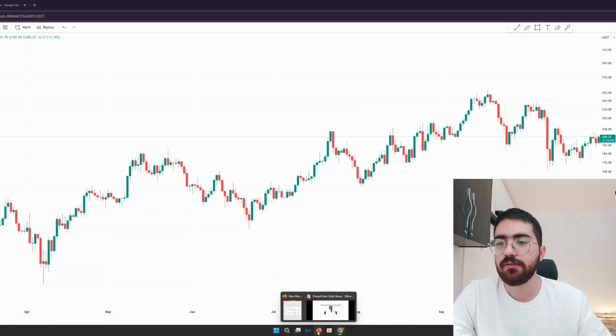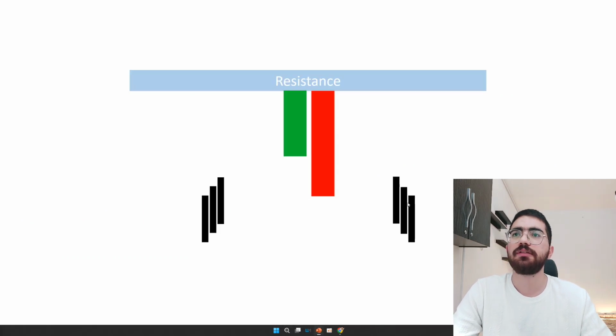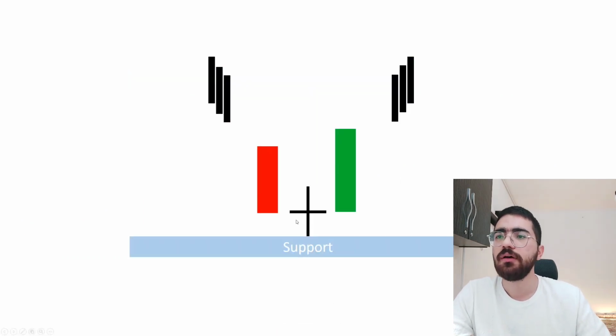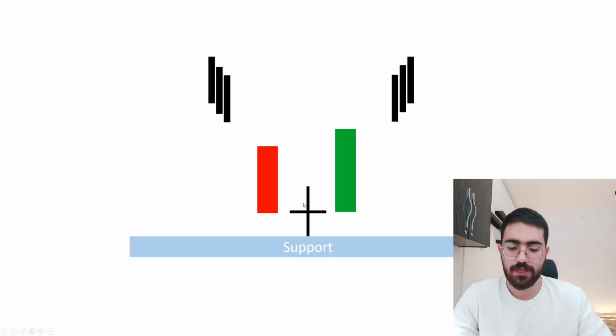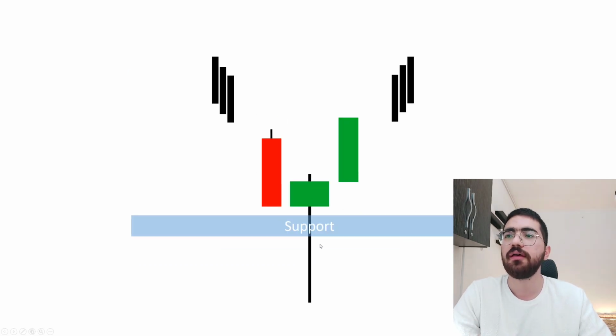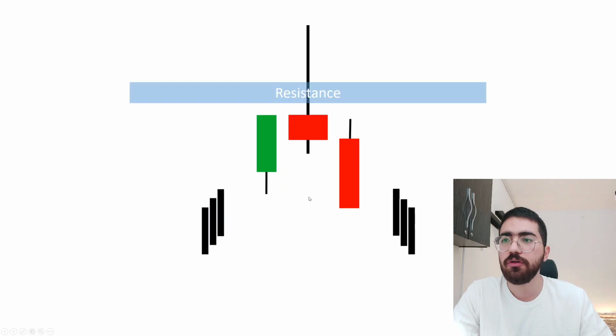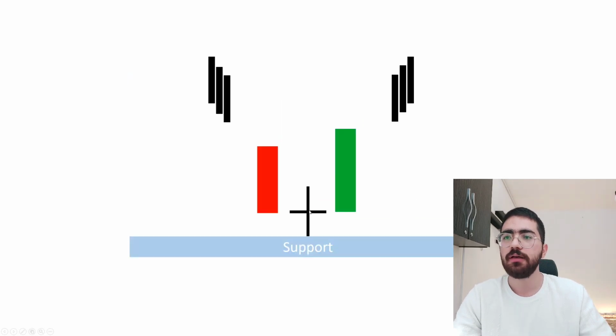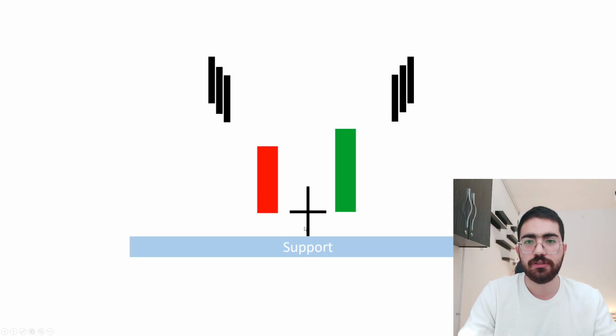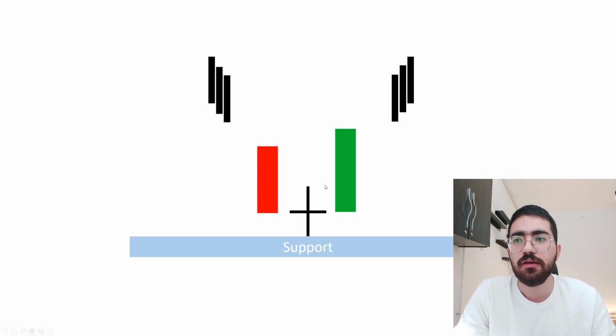Let's go for the last candlestick pattern that you need to learn. This one is very close to the second candlestick pattern, and the only difference is that there we had a pin bar, but at this point we have a doji bar. This candle is different from a pin bar. A pin bar showed that the market would be reversed, but this candle that has a very small body at the middle of the shadow suggests uncertainty in the market.